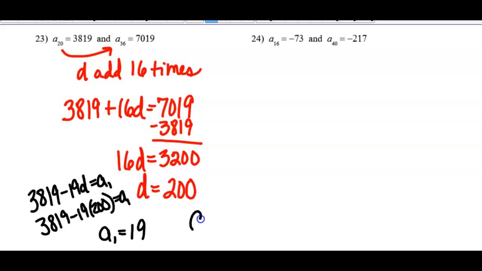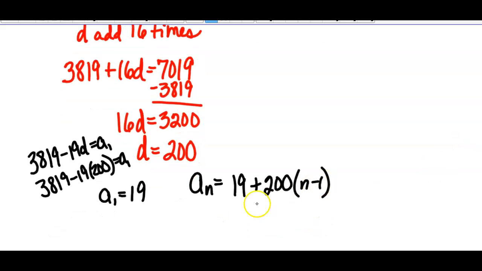So this sequence was 19 plus 200 times n minus 1. That is the explicit formula. In the notes or on the answer key, they would simplify that. Let's see, that would be 200n. And then if we had 19 minus 200 back here, we get minus 181.